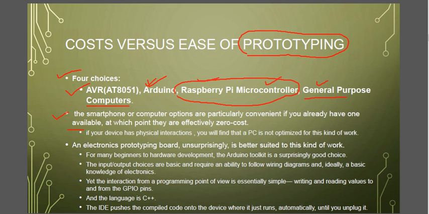By using this computer you can easily connect one of these choices, that is Arduino or Raspberry Pi, by using a USB to the computer system, install the operating system in it, and do the programming.